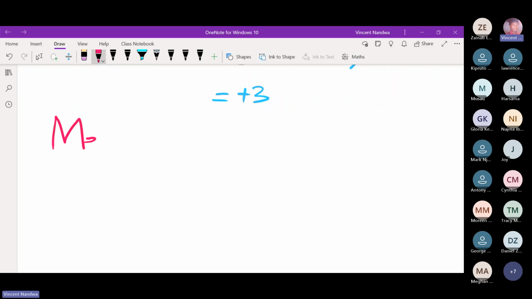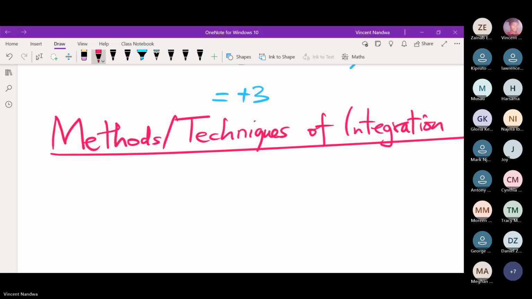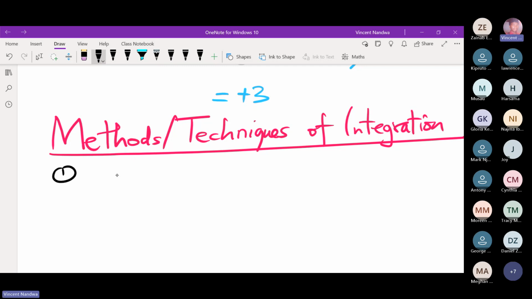So methods, some call them techniques. Some may even call them rules of integration. So the first one is what we call the power rule.